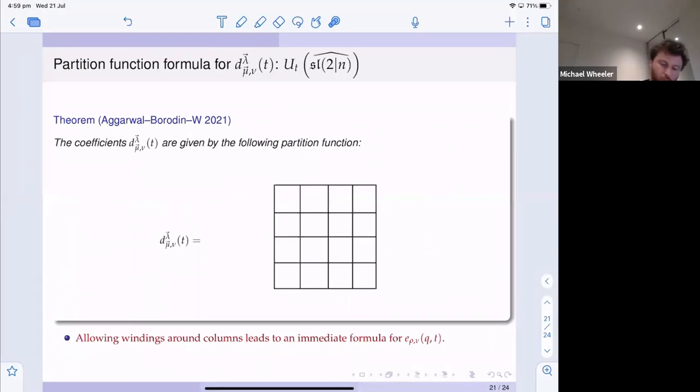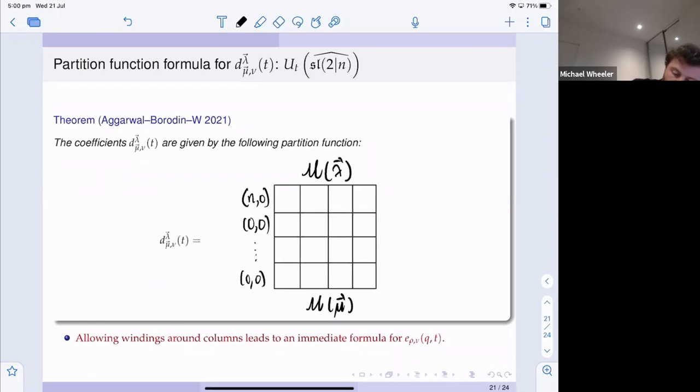Okay. So now here is the theorem. Those coefficients are given by a partition function in the previous model, where at the bottom I put the Maya diagram corresponding to mu. Here, I put the Maya diagram corresponding to lambda. And here I choose this one to be n, 0 and all of the other ones to be 0, 0.